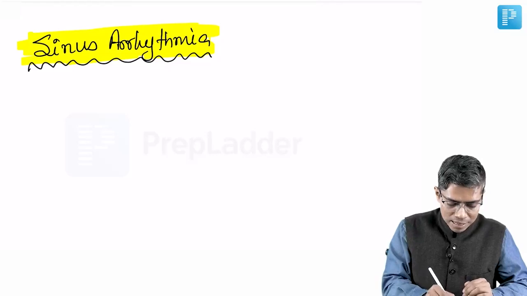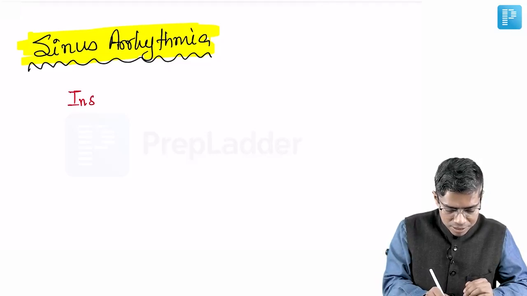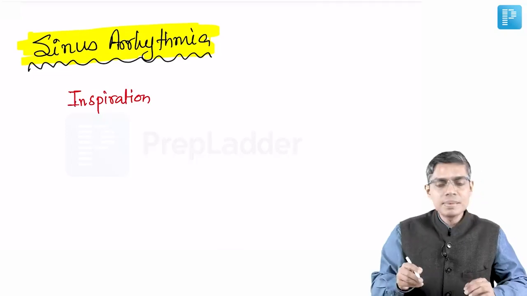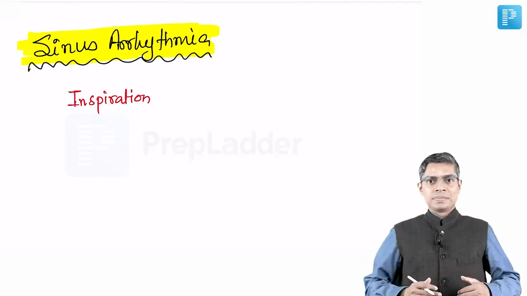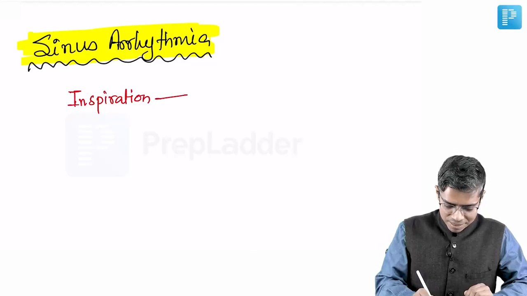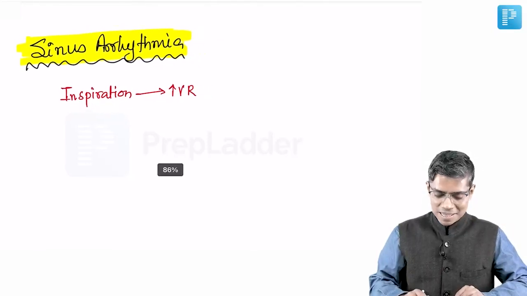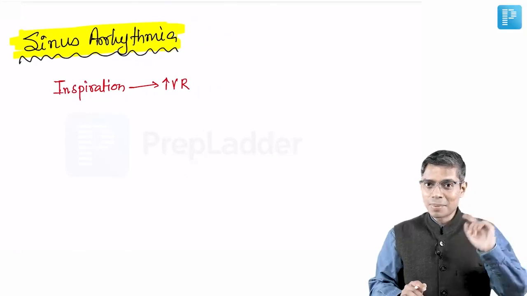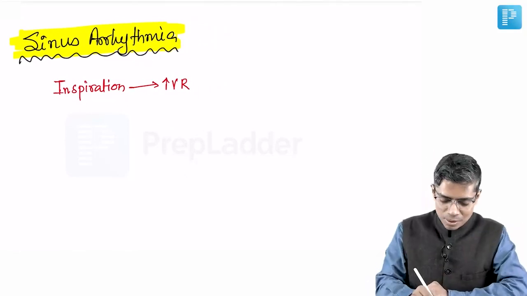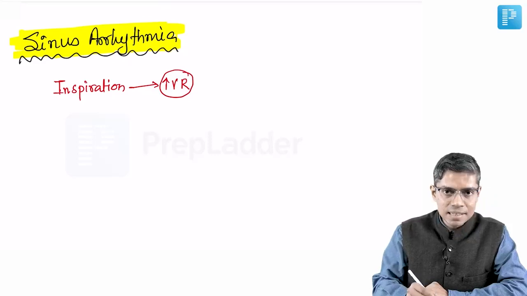So now I have to explain what will happen to your heart rate during inspiration. So I am taking a deep inspiration. Previously we have discussed that during inspiration, venous return to the right atrium increases, right? And that's why blood pressure was decreasing on the left side.